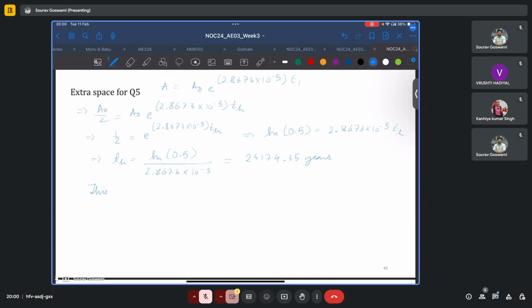So this is the required half-life of the isotope.